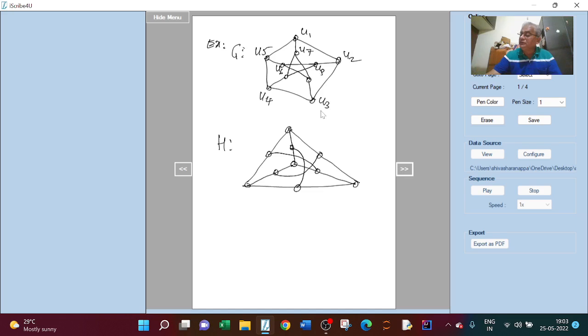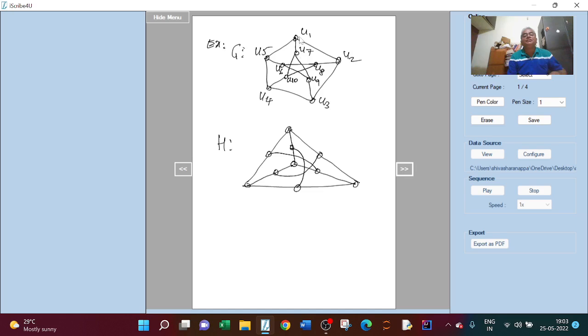This is U8, this is U9, and this is U10. Now I want to label the vertices of H in this manner.